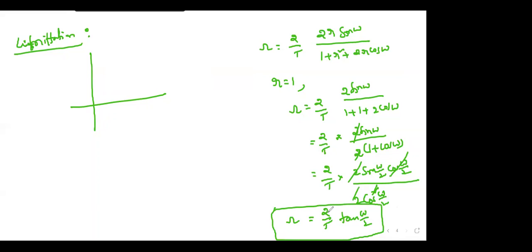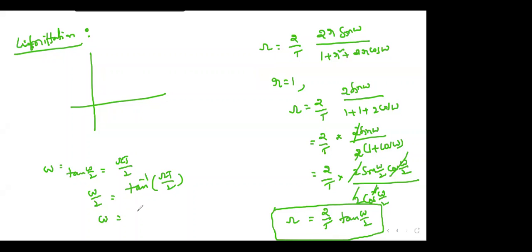Okay, this is the analog omega value: omega is equal to 2 by T tan omega by 2. If in reverse I want the omega value, how can I convert this? I do reverse cross multiplication. Tan omega by 2 is equal to omega T by 2, so omega by 2 is equal to tan inverse of omega T by 2.